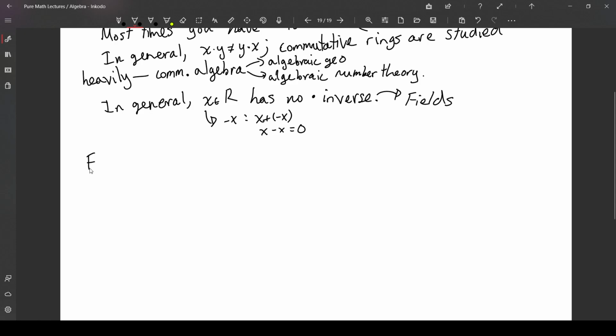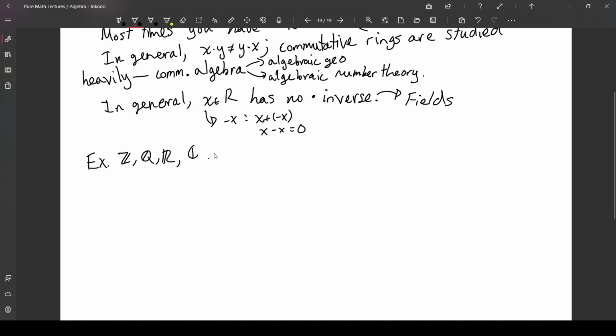So here are some examples that you are bound to have seen, and these are the typical numbers. You have the integers, the rational numbers, the real numbers, and the complex numbers.